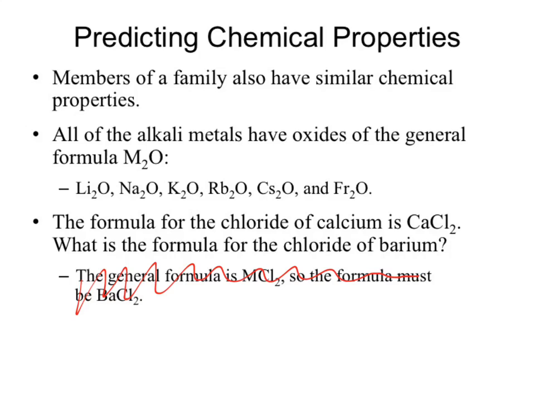There are a couple of assumptions in here that you haven't learned yet. Why did we put calcium before the chlorine? Don't need to worry about that yet. We will be talking about that probably next week. By definition, we always put the metal before the nonmetal when we put together a compound.